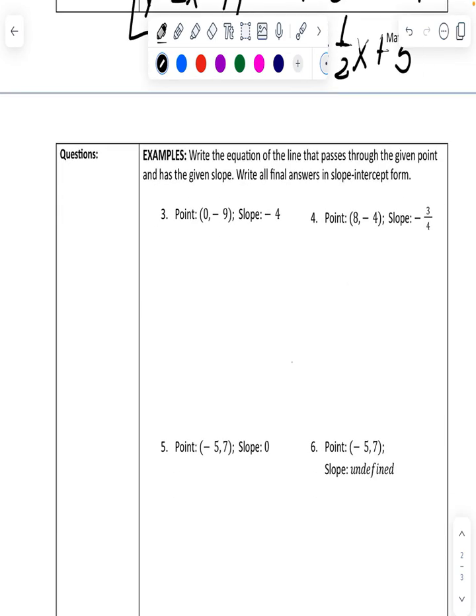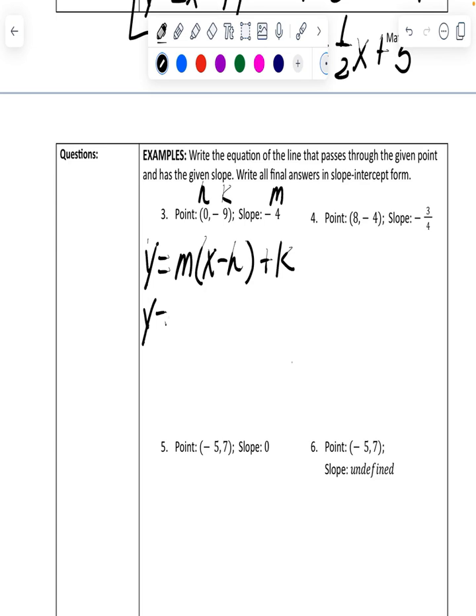I'm going to label H, K, M. Y equals m times x minus h plus k.